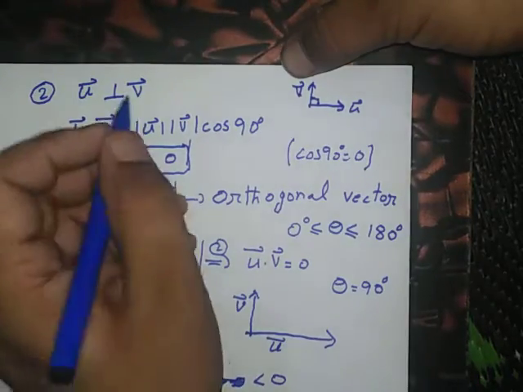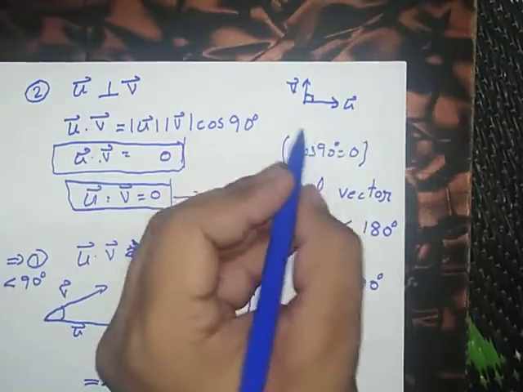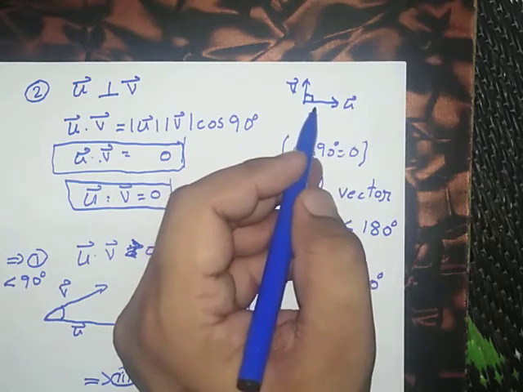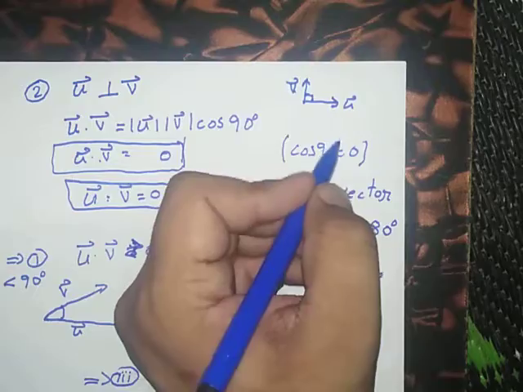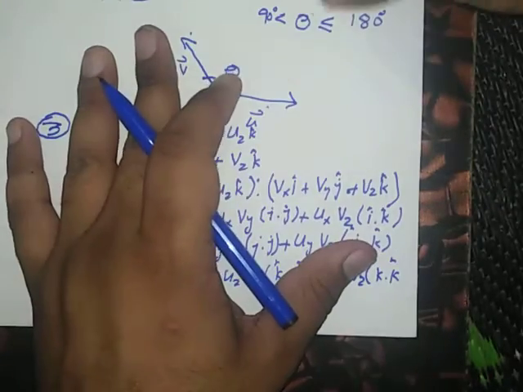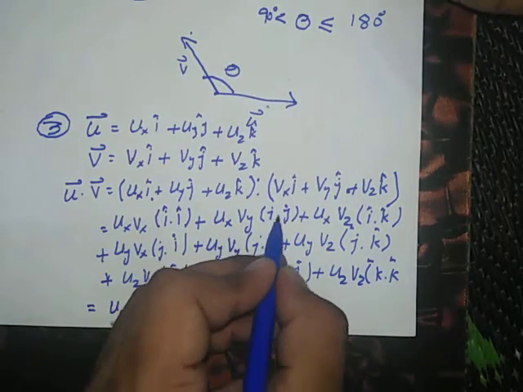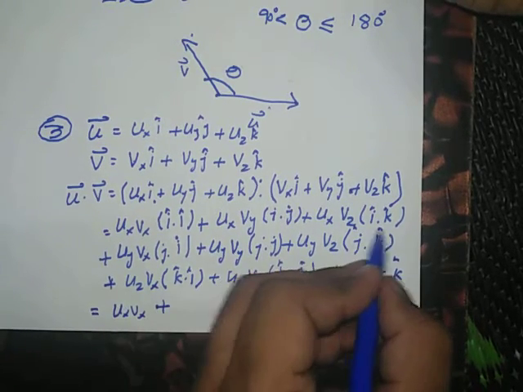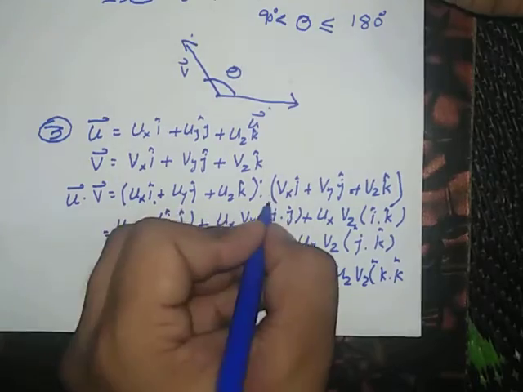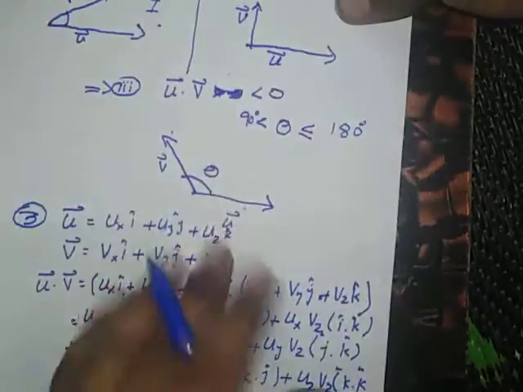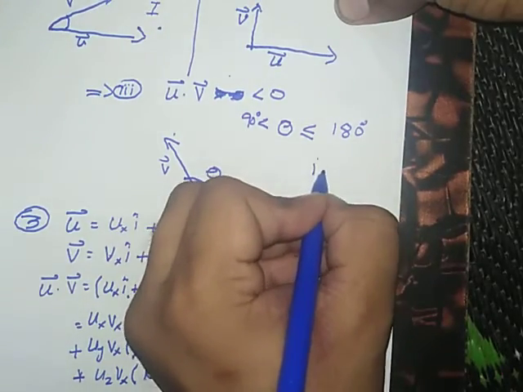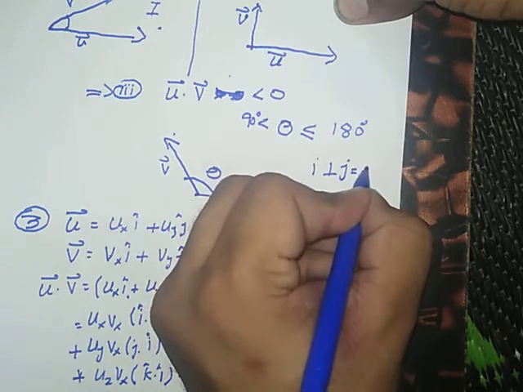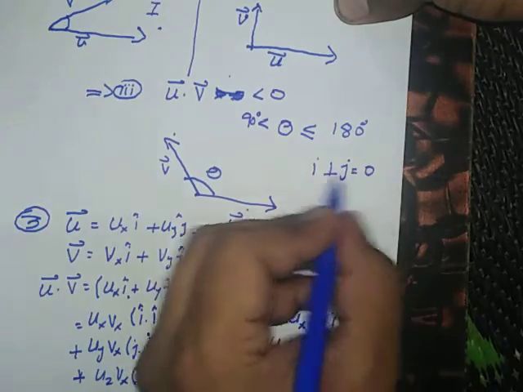You can see that these vectors are perpendicular: vector i is along the x-axis and vector j along the y-axis, so the angle between them is 90 degrees. So the result is 0, and i dot k is also equal to 0 because i and k are perpendicular. I is perpendicular to j, the result is 0, meaning i dot j is equal to 0.